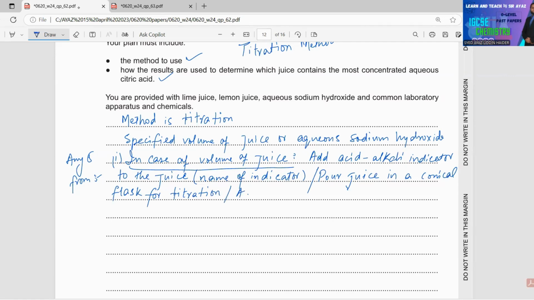Add sodium hydroxide from burette. Mix the contents.